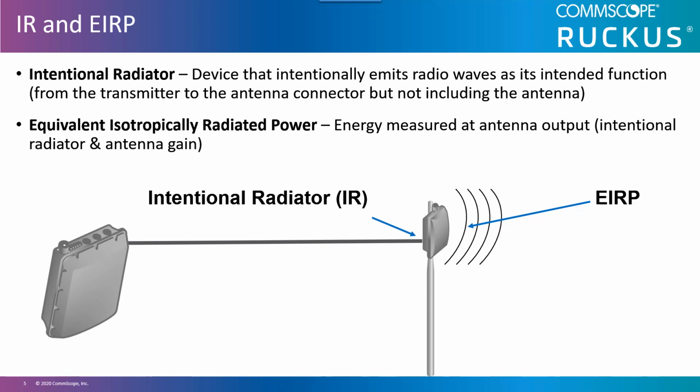Mathematically, it is the combination of the transmitted signal, all loss introduced by connectors such as pigtails or metal connectors, attenuators, lightning arresters, amplifiers, everything between the transmitter and the lead of the antenna that connects to the cable is the intentional radiator. All of that combined with the gain of the antenna is the equivalent isotropically radiated power.